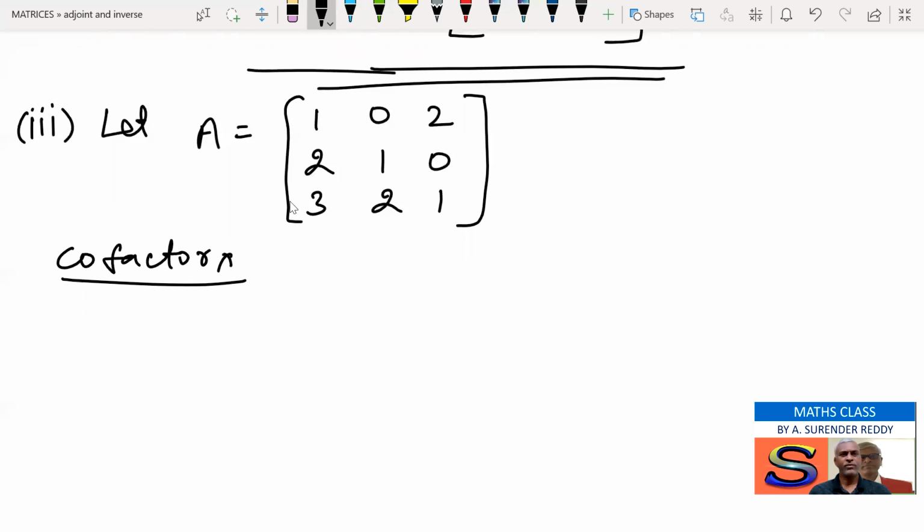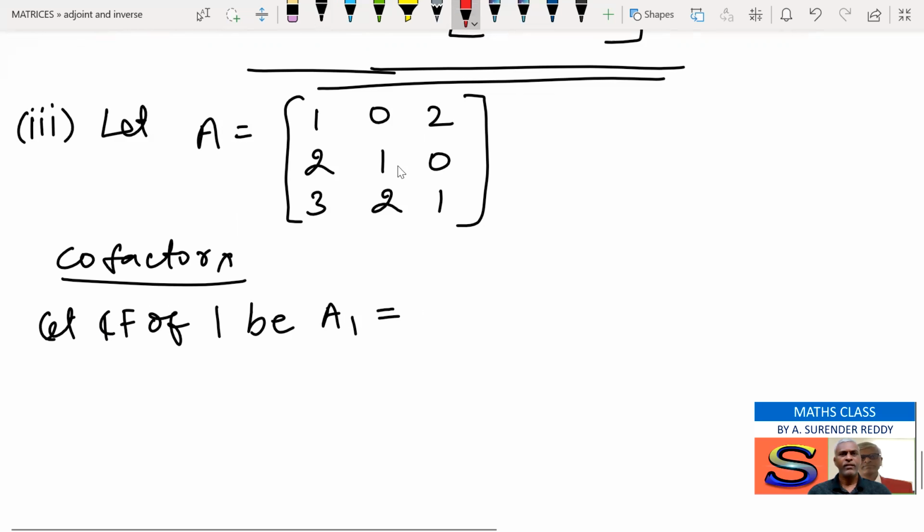So cofactor of the first one, cofactor of 1, let the cofactor of 1 be capital A1. So how to find the cofactor?